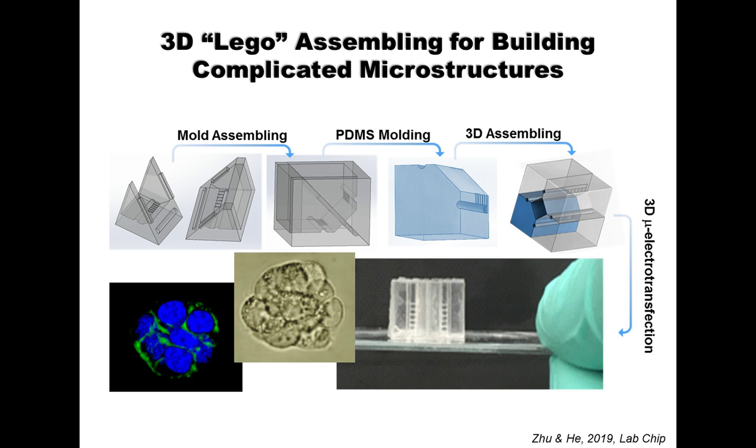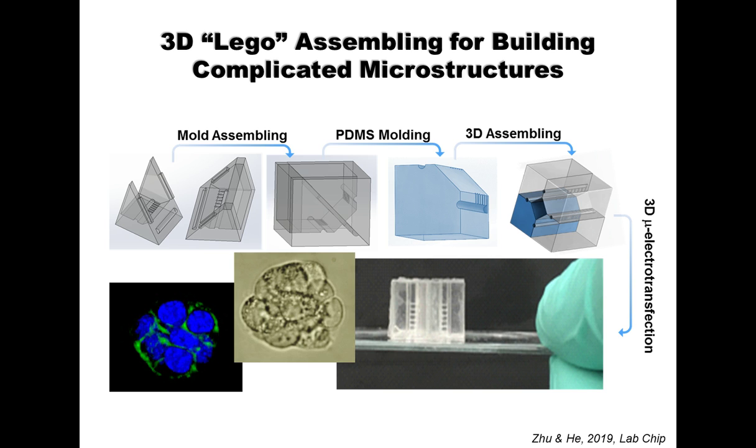And the PDMS is a small brick molded from this mold, which we can use as Lego. Just like you play with Lego, you can reassemble those Lego bricks into a more complicated structure, which is even now not able to be printed by the 3D printer. So this is one demonstration.